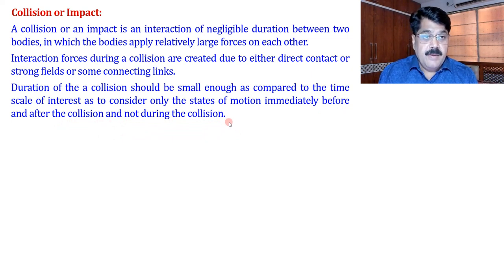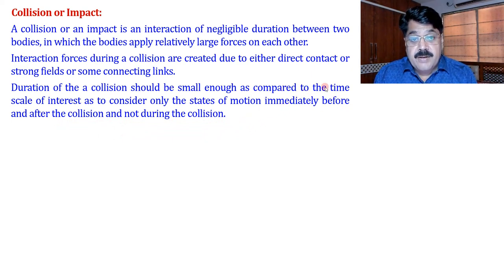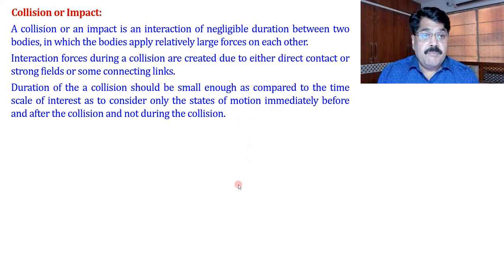Actually, what is meant by time scale of interest? When we study bodies under collision, we study them when they are some distance apart and moving, and when they are moving there is no interaction force between them, or it is negligible. Then the bodies start interacting, and after some time the interaction ceases.